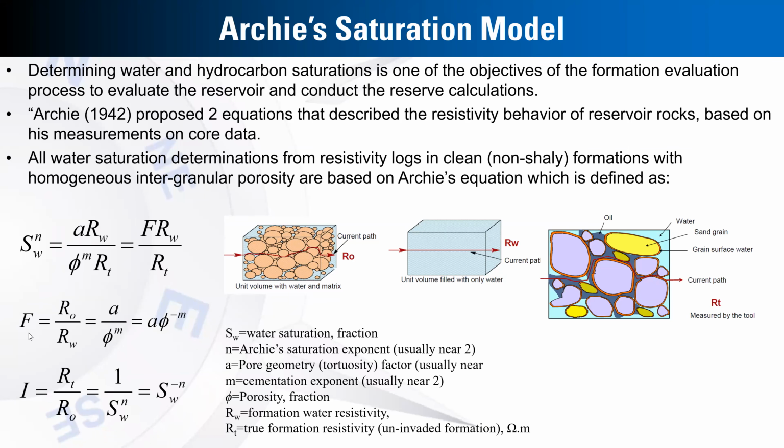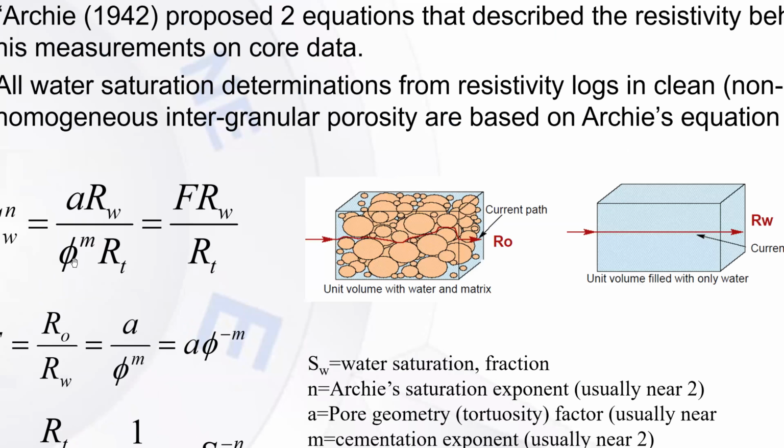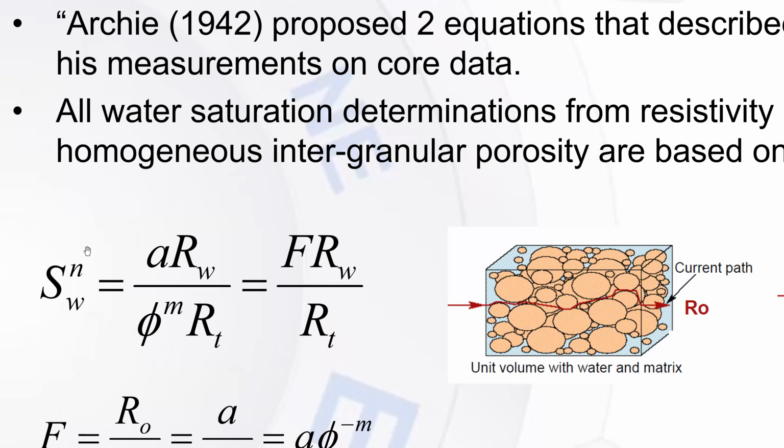So the calculations of the resistivity factor and the resistivity index by special core measurements will be used to calculate what we call the Archie saturation exponent N and the Archie cementation factor M.